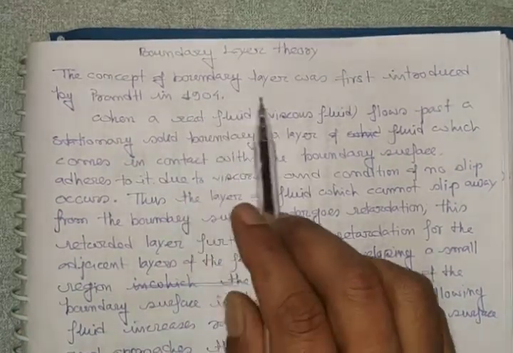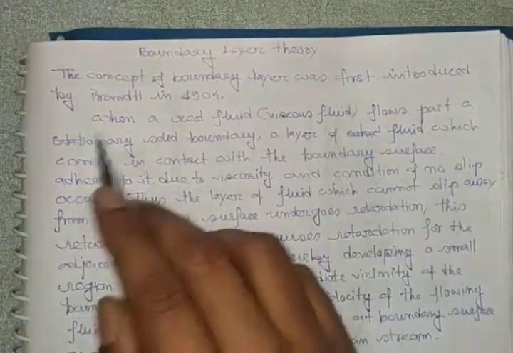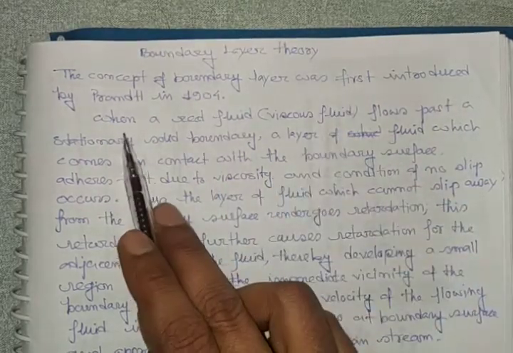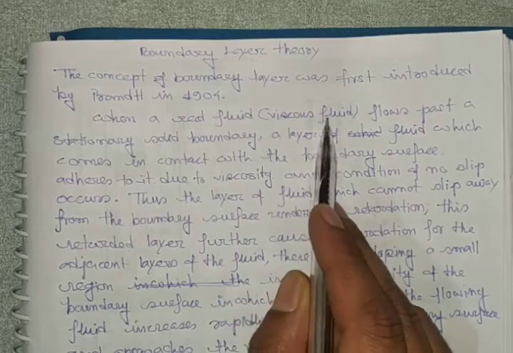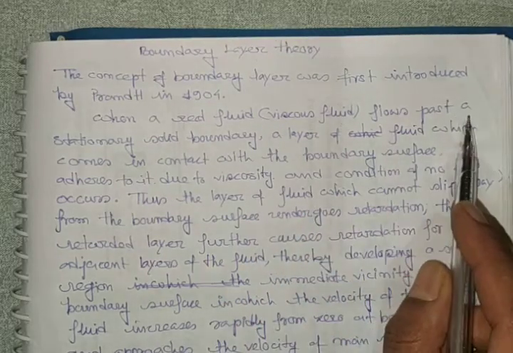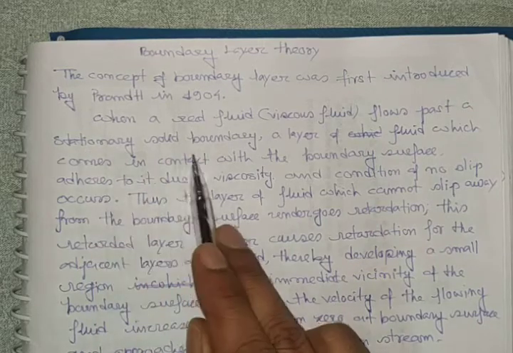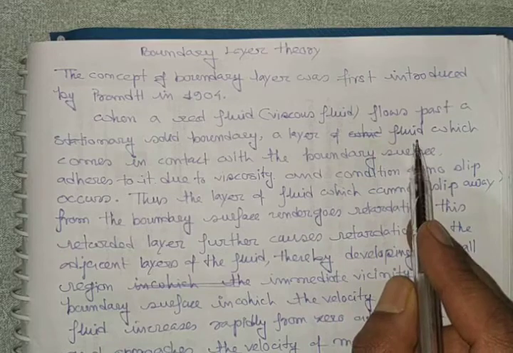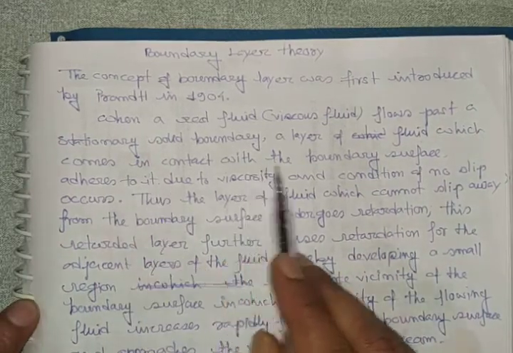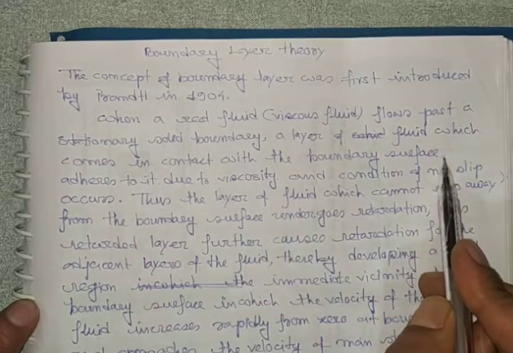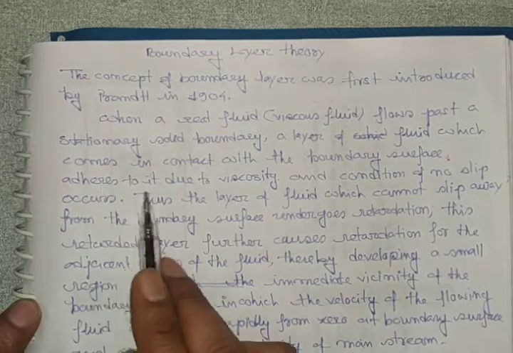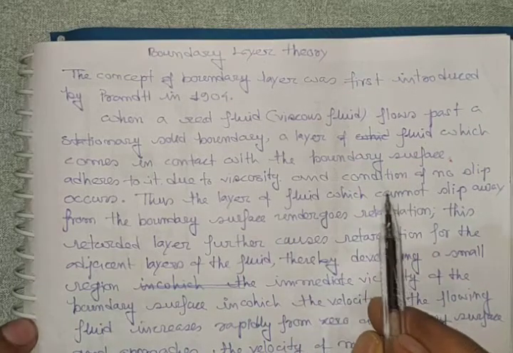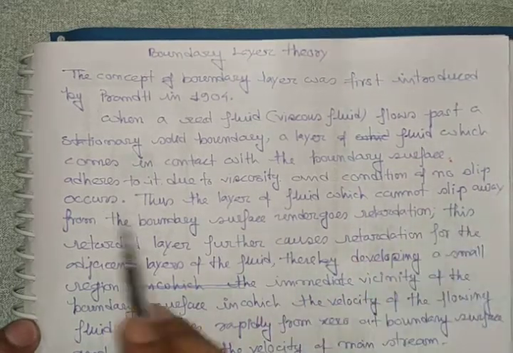So, the concept of boundary layer was first introduced by Prandtl in 1904. When a real fluid, that is the viscous fluid, flows past a stationary solid boundary, a layer of fluid which comes in contact with the boundary surface of the solid body adheres to it due to the viscosity, and condition of no slip occurs.